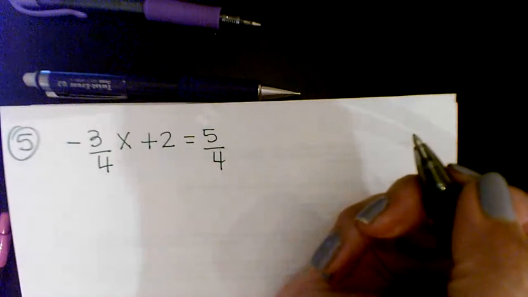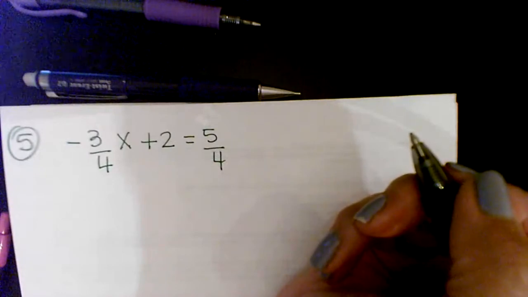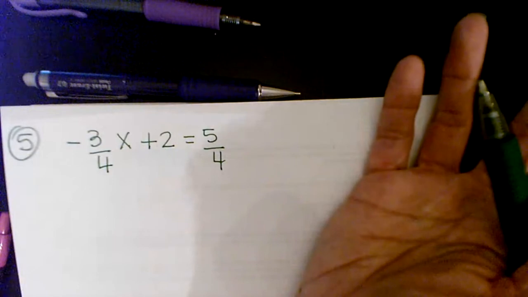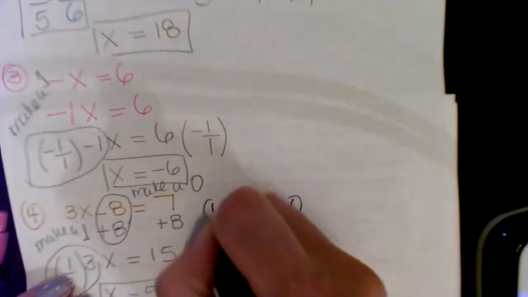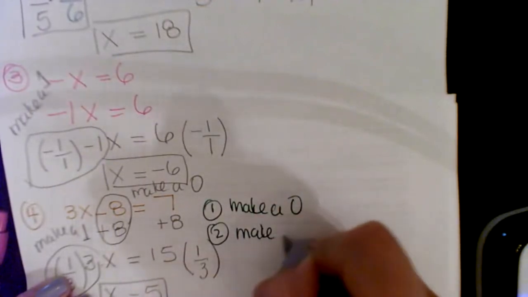And I have one more that we could do here. We have negative 3/4 x plus 2 equals 5/4. Okay? We could do make a 1 or make a 0 first. This one, what do we do? First, we make a 0. And then we make a 1. We could have done it the other way.